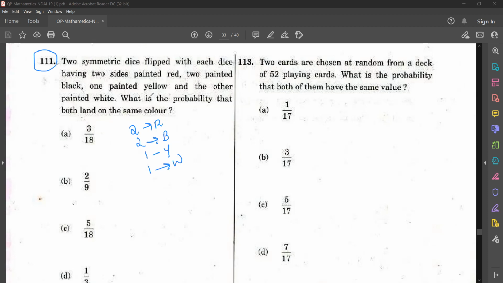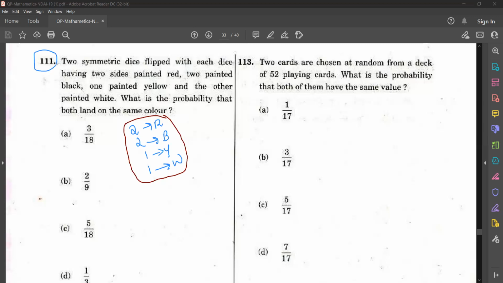Just try this, and once you get the answer, just comment it. Okay, have you got the answer?